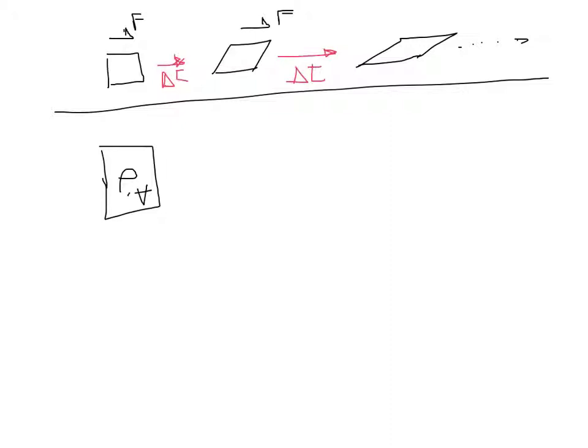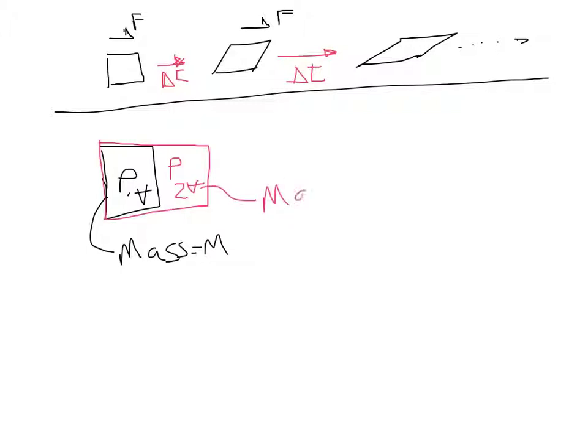If I now take that volume and double it, like so, it could continue to have density rho, but now the volume is 2 times v. The black box has a particular mass, whereas the red box has mass which is 2 times m.